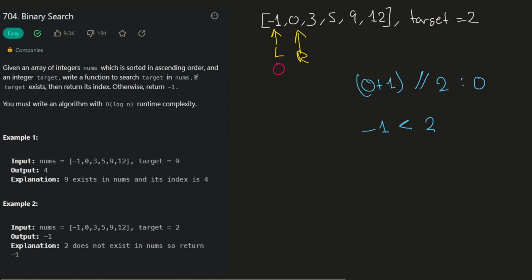So remember the middle is here, by the way. This is the middle. I move my left pointer to middle plus 1. So my left and right pointer are going to be in the same place again. And so I repeat the process, right? Because it could be that 0 could be our target. If our target was 0, then it could have been, right? So we have to check this again.